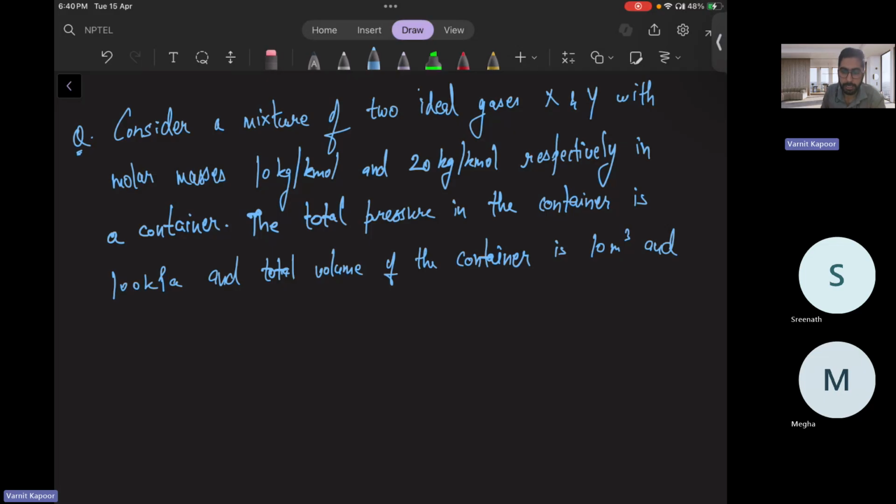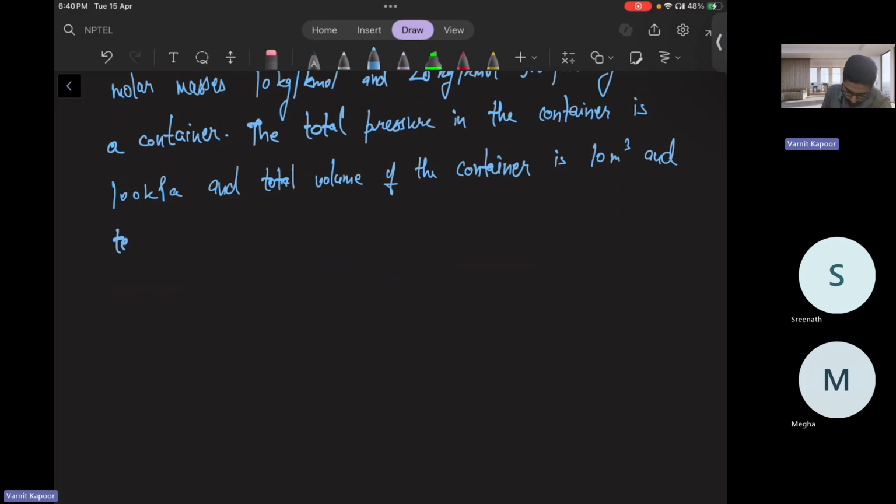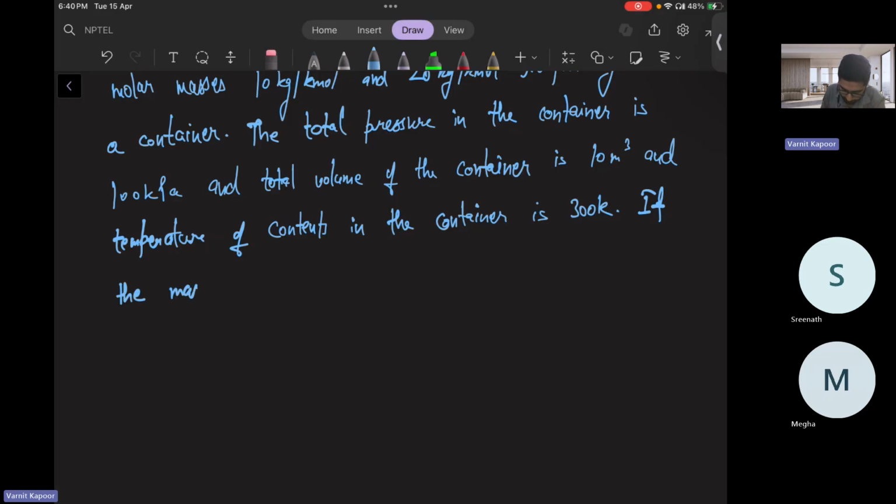The temperature of the contents of the container is 300 Kelvin. If the mass of gas X in the container is 2 kg, then you have to answer the mass of gas Y in the container.